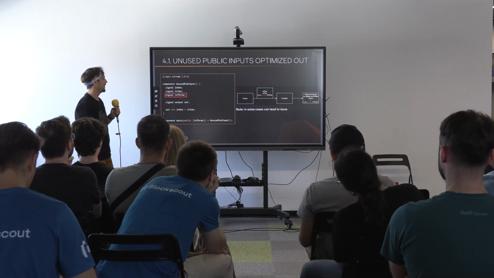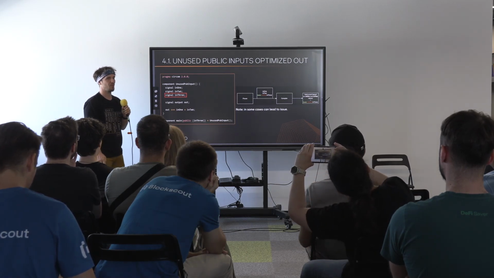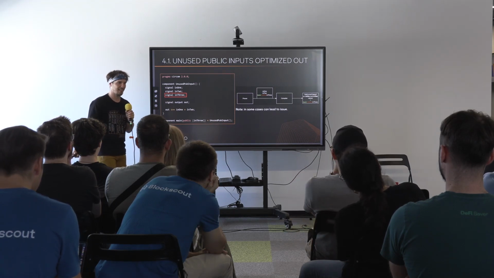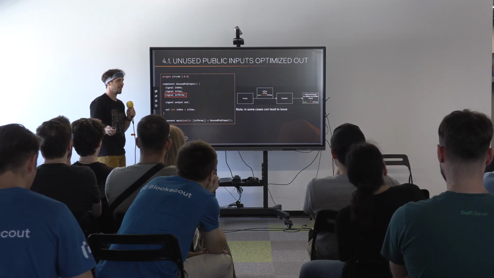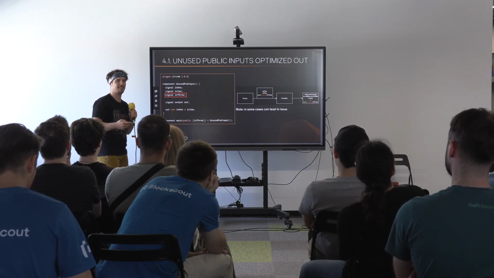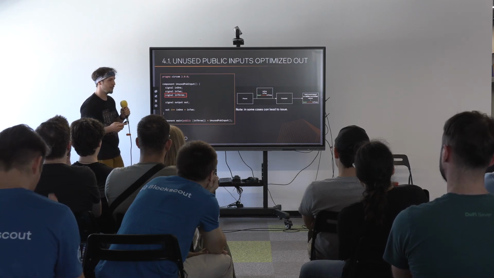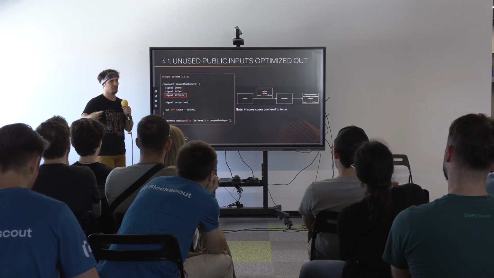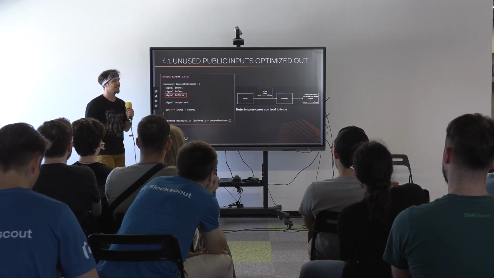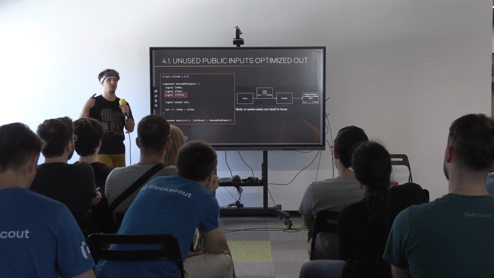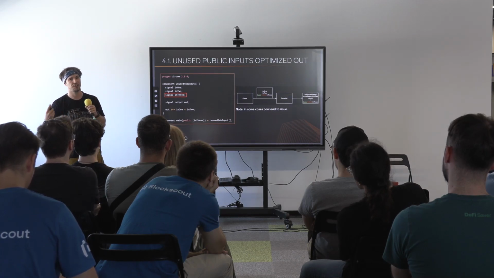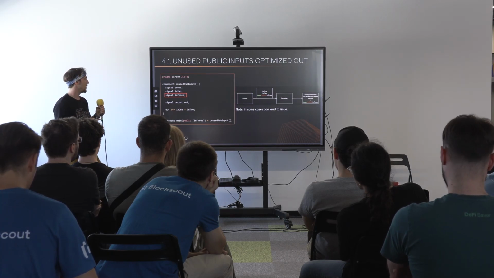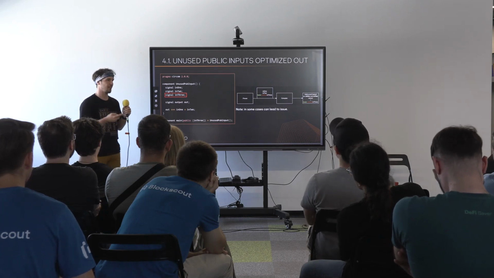One more interesting thing is the problem with the compiler. There are no special flags to ask the compiler to not optimize your inputs. So if you don't use some inputs, the compiler just removes them, and sometimes you need to add some additional info to your proof to use it on chain. For example, Tornado Cash puts information about the relayer into the public input.